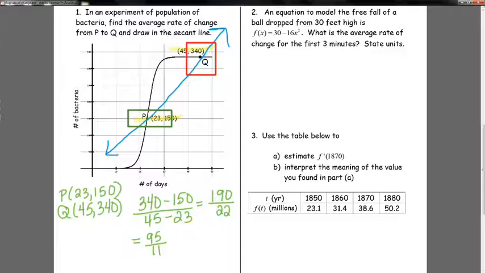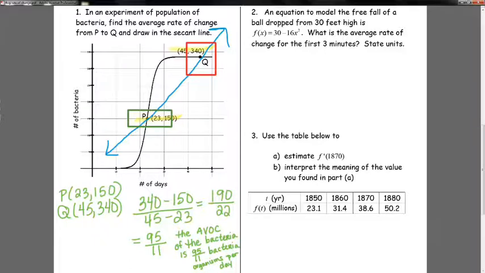So the average rate of change, that's what AROC is, average rate of change, of the bacteria is 95 over 11 organisms per day.